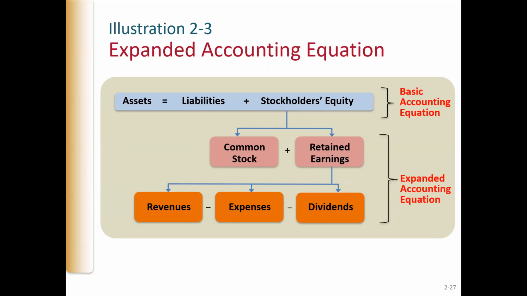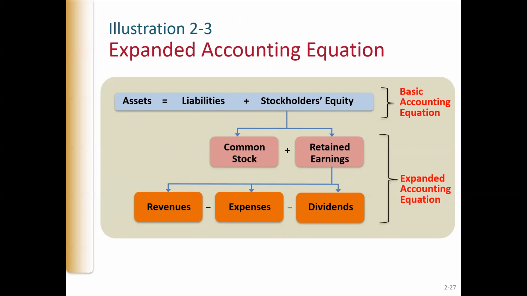Well, what does net income entail? Net income really is a result of revenues minus expenses. So we know whenever we have revenues, that increases our retained earnings. And whenever we have expenses, that decreases our retained earnings, along with dividends.